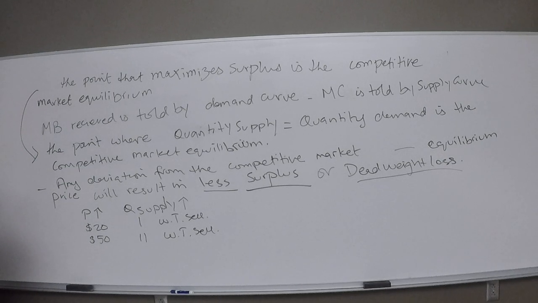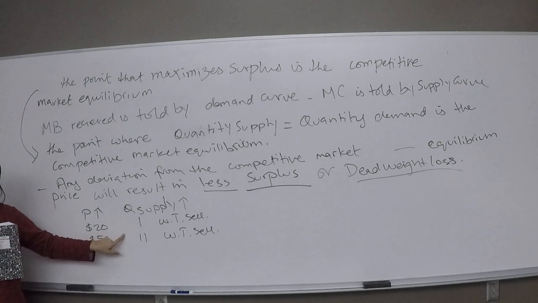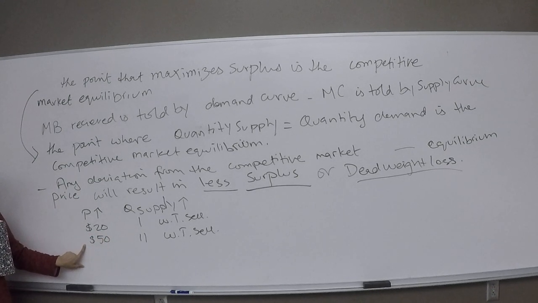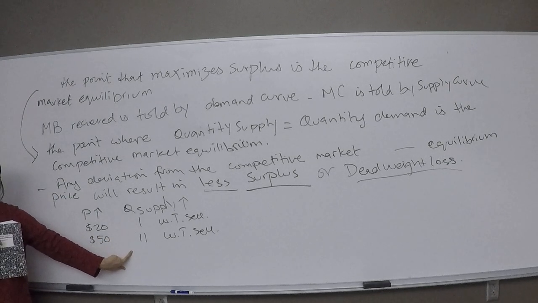The market naturally creates competition. If there is a profit somewhere to make, people go that route. Before, the product was $20 and only one person was selling it. Now the price increased and 2 people are selling it.